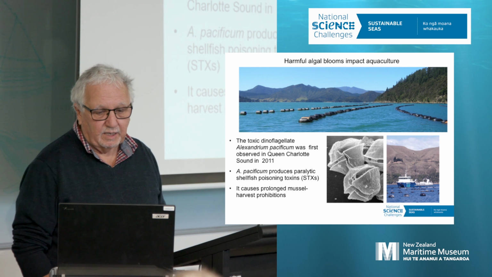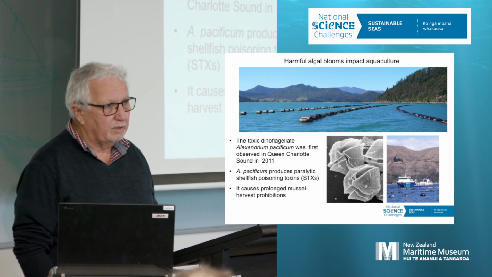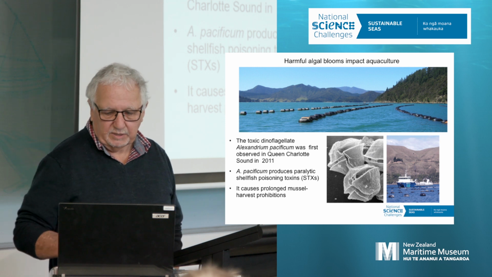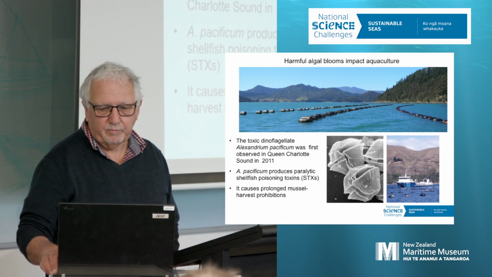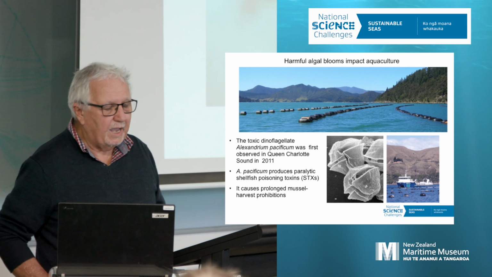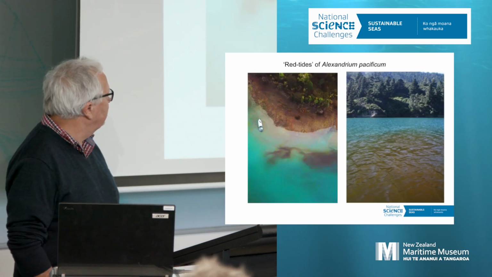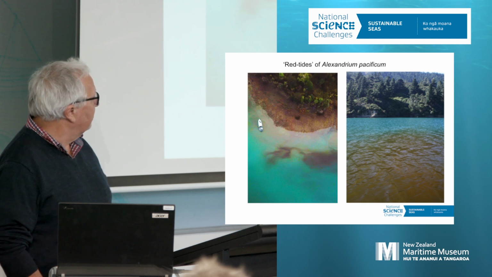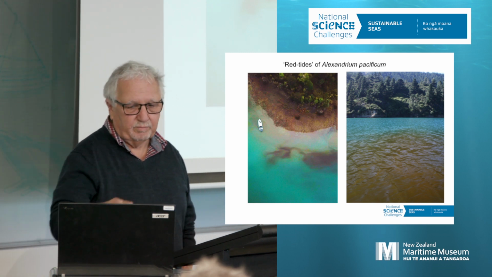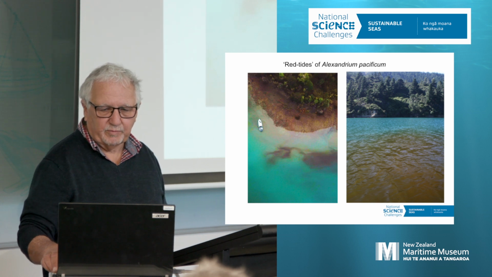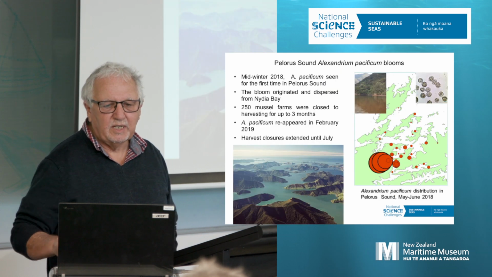And then last year, in May last year, it suddenly appeared, and it appeared in a big way in the central part of the Pelorus Sound, causing red tides, highly discoloured water, very high cell concentrations.